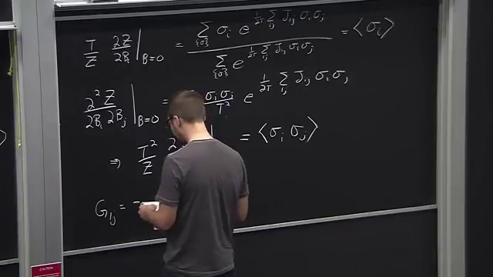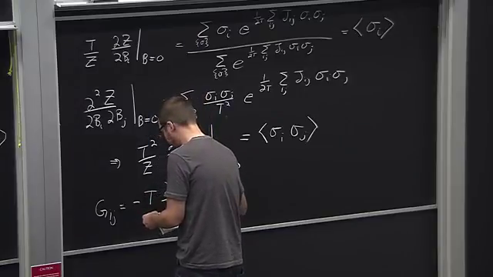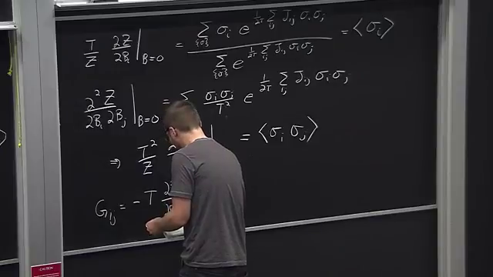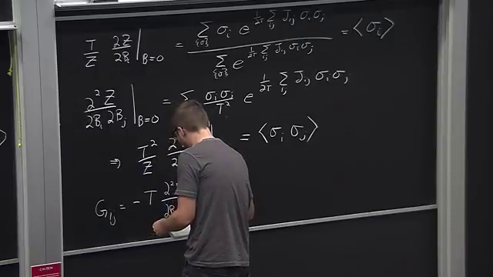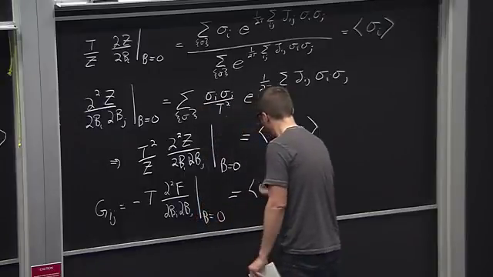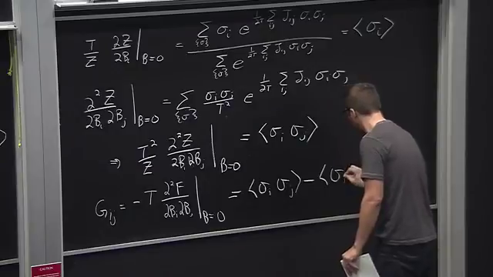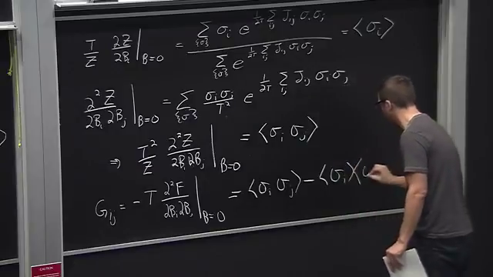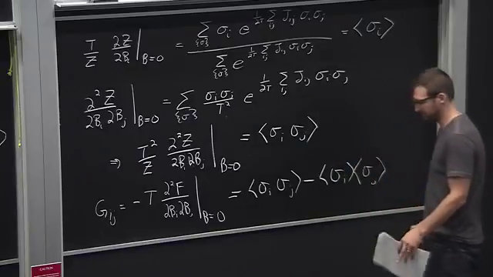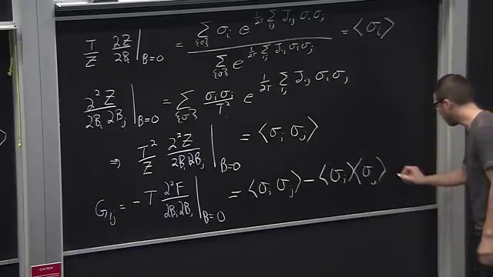All my t's work out, so I should have minus t, second derivative of the free energy. Okay, proofy enough for me.